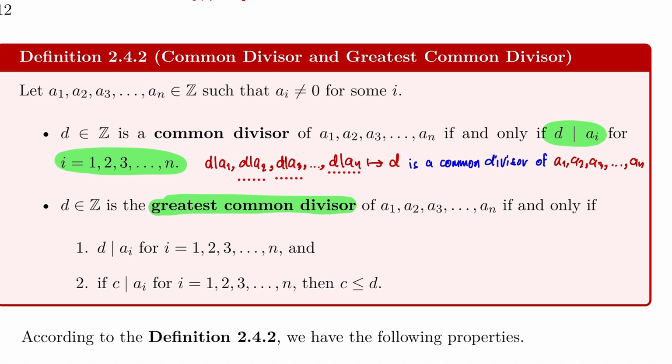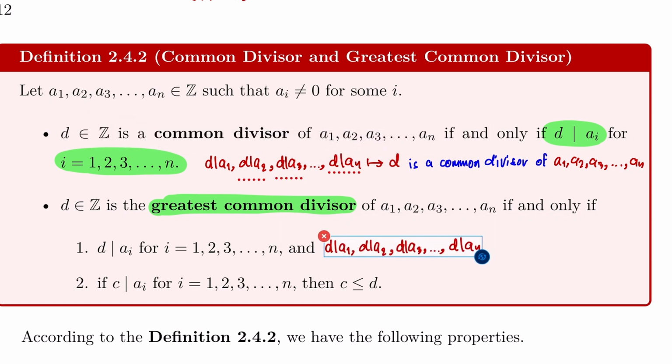Okay? And next one, let's talk about greatest common divisor. Of course, when D is a greatest common divisor of all of these numbers, the number one thing that you need to have is that D divides all of these numbers, right? That's the first property.